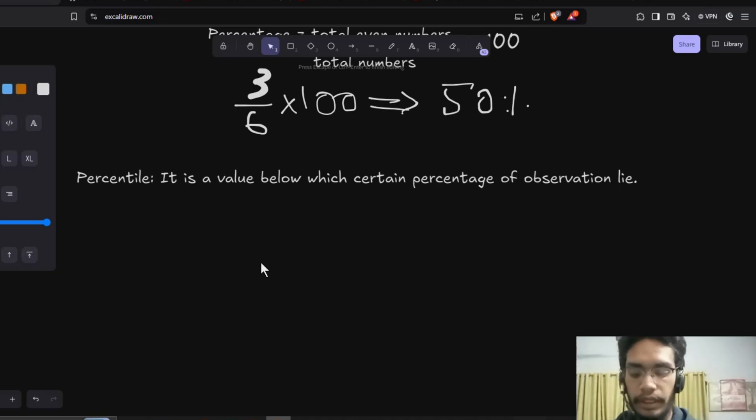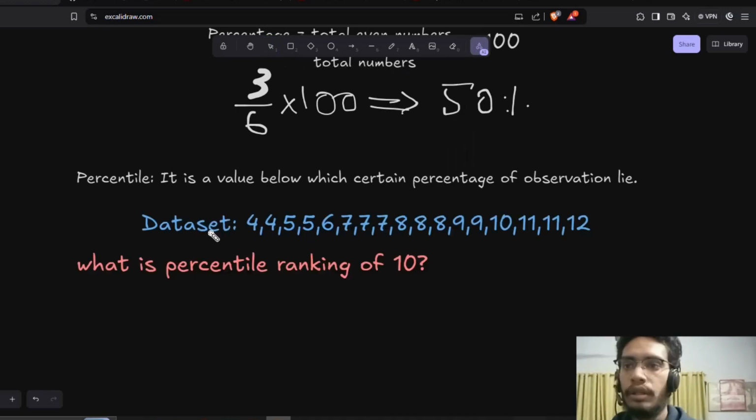Let's say I have this data set. You can see there are lots of numbers in this data set, and remember that these numbers are ordered in ascending order, right? So before calculating percentile, you must sort your data in ascending order, or maybe you can arrange it in descending order, right?